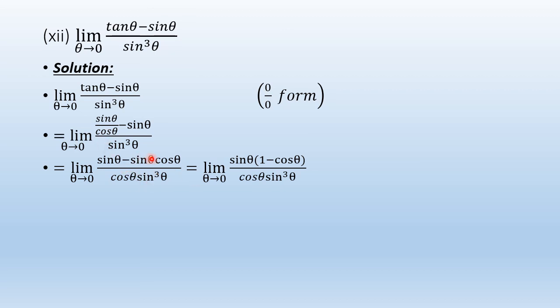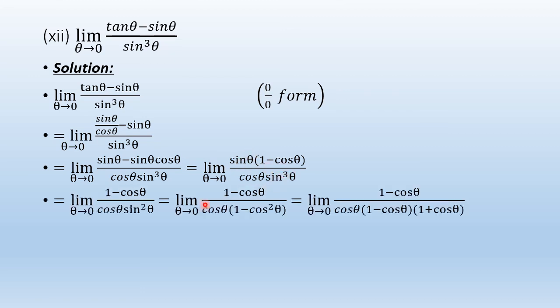You see, we can take sine common. So we took sine common, and now this sine can be cancelled by this sine cube, and we will have a sine square here. Now write sin² θ equals 1 minus cos² θ, and then 1 minus cos² θ equals 1 minus cos θ into 1 plus cos θ.